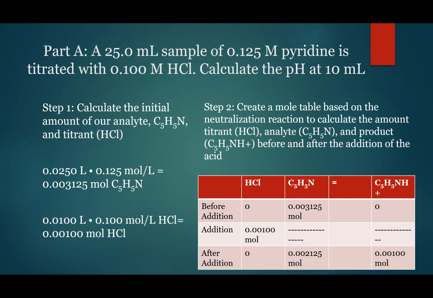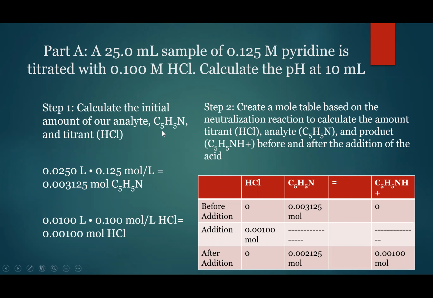Part A asks us to calculate the pH at 10 milliliters. Well, I like to convert the milliliters into liters because molarity is basically moles over liters. And when I'm finding the stoichiometric relationship, it helps to cancel the liters so that I know how many moles of each substance I have.